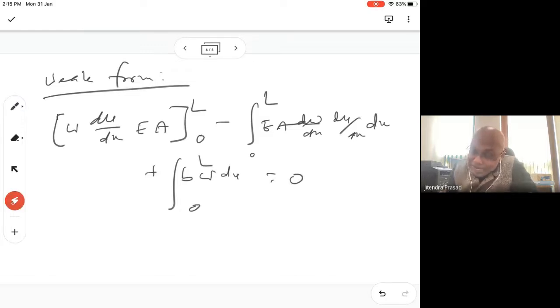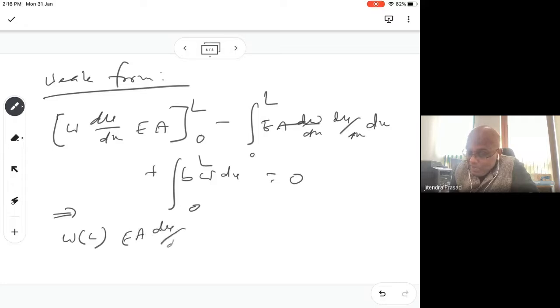What happens? Here we are putting some values, right? So in that case, we put du over dx. If you expand that, we get w at L EA du over dx at x equal to L minus w at 0 EA du over dx at x equal to 0.